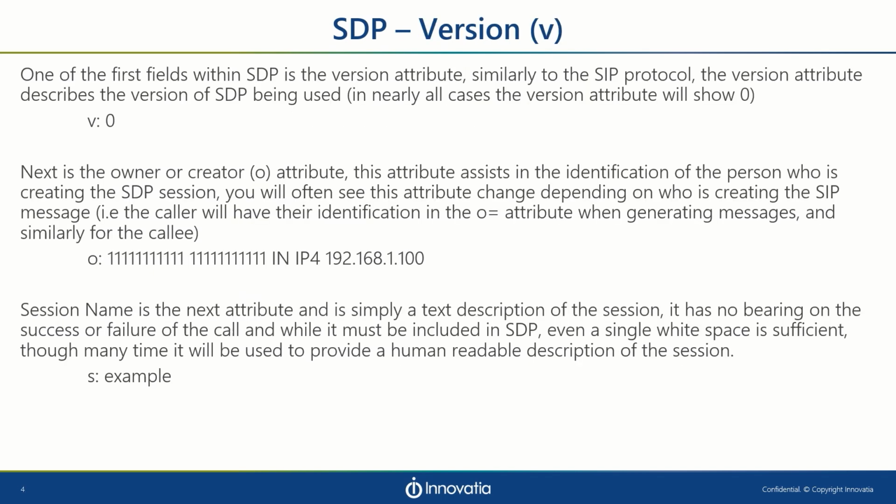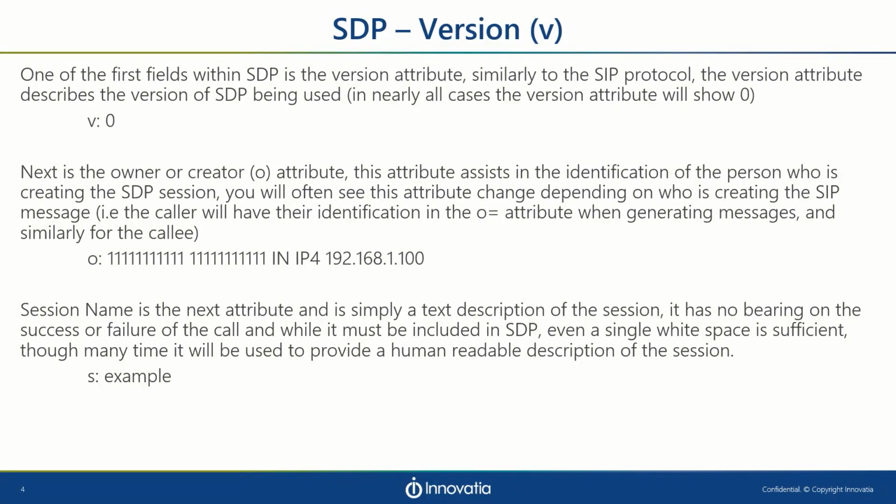So the very first field within your SDP is going to be your version attribute or field. Similar to SIP directly, you're going to find very consistent behavior here, to the point that in probably 98, 99% of cases, the only version you're ever going to see is version 0.